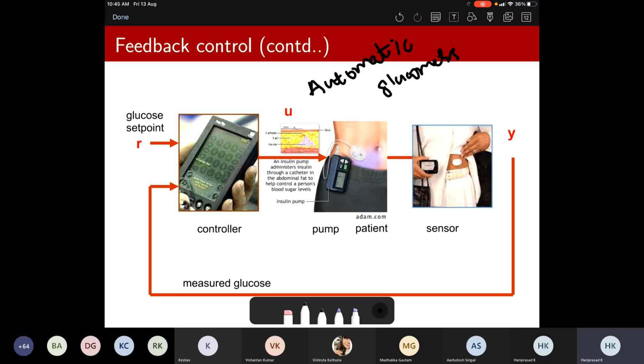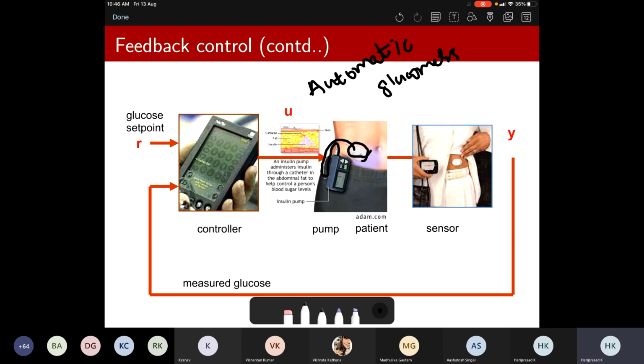So people are now also seeing it as a control problem, like a pacemaker kind of equipment. There is something that you inject in the subcutaneous layer, and that gives you your glucose level continuously. And if there is a drastic change in the blood glucose, it would automatically inject insulin.